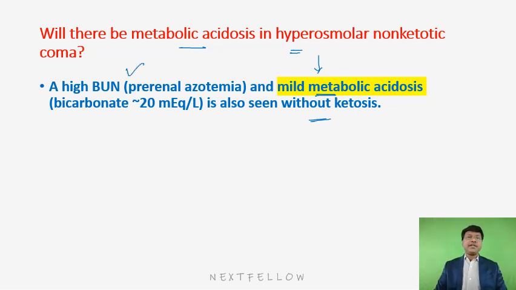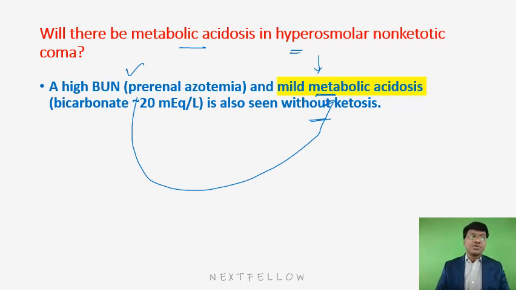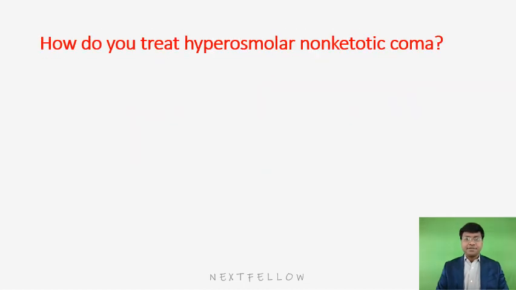There is also pre-renal azotemia, which predisposes to the development of mild metabolic acidosis. Why is there pre-renal azotemia? Because of dehydration. There is polyuria, and because of it there will be decreased renal perfusion resulting in pre-renal azotemia.